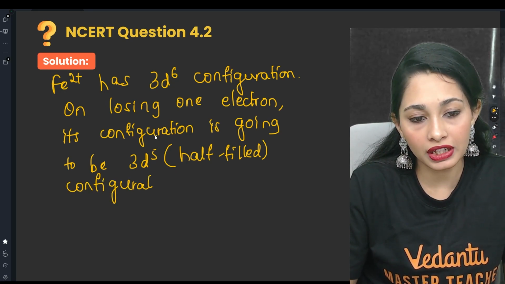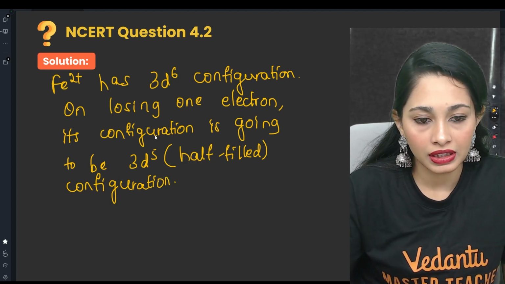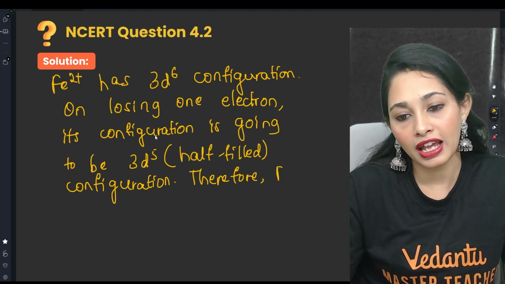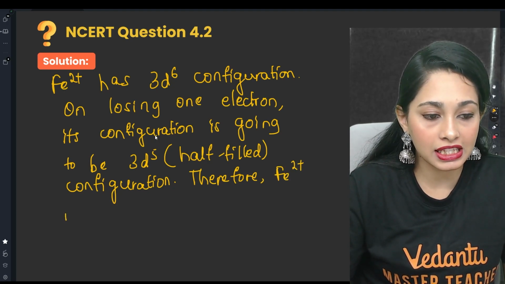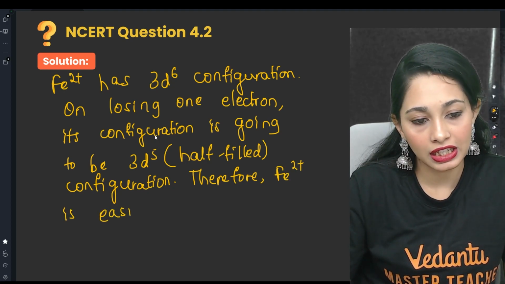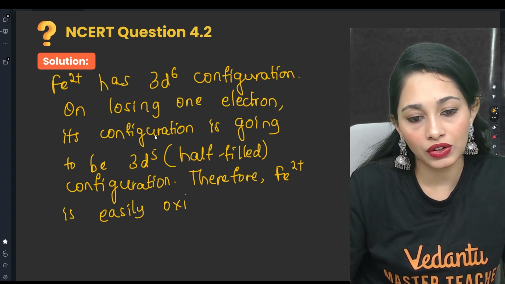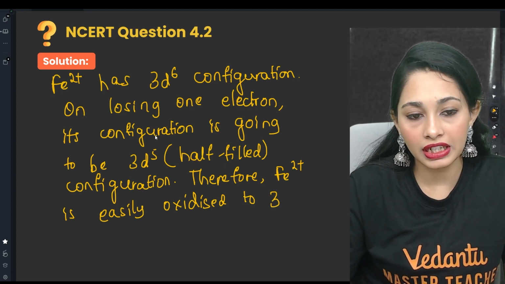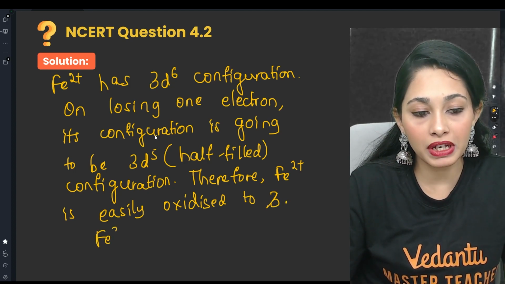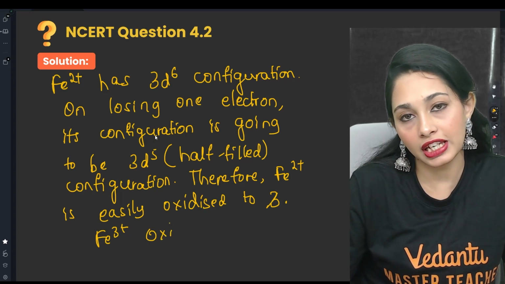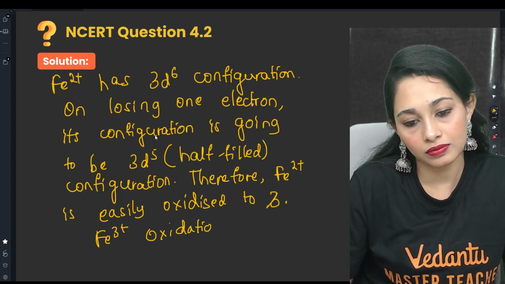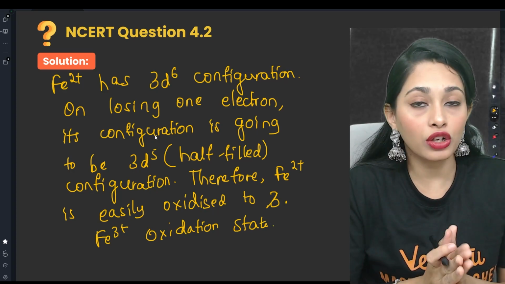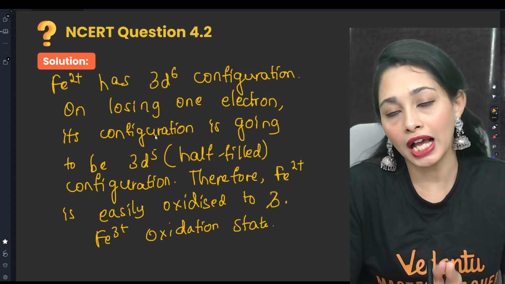Therefore, Fe2 plus is easily oxidized to the 3 plus oxidation state. In order to solve these kinds of questions, we need to know the electronic configuration of the respective metal ions.